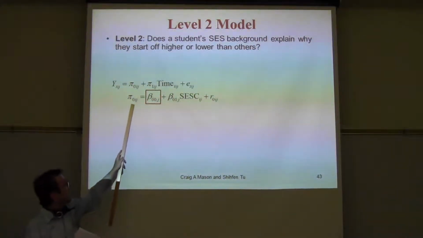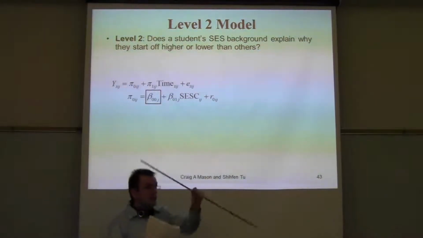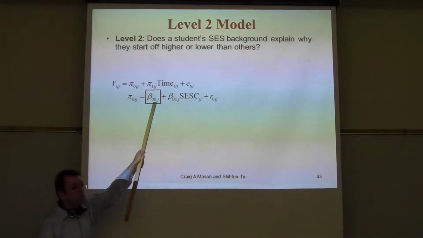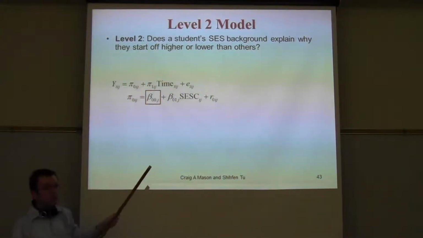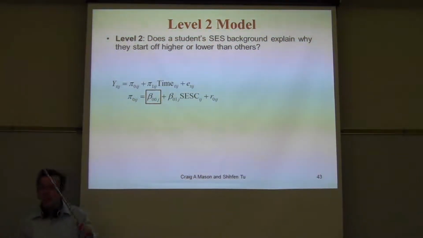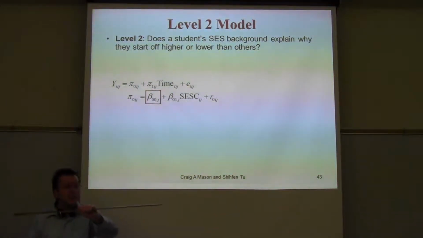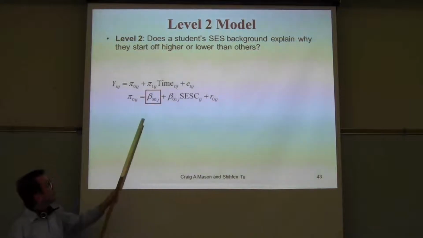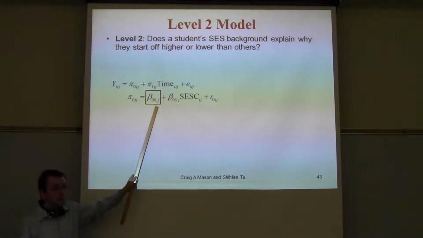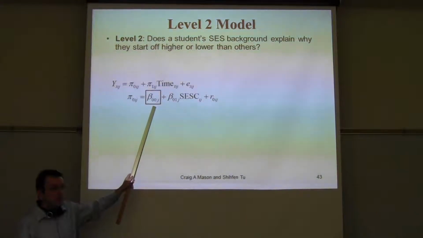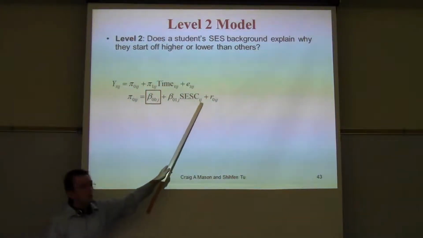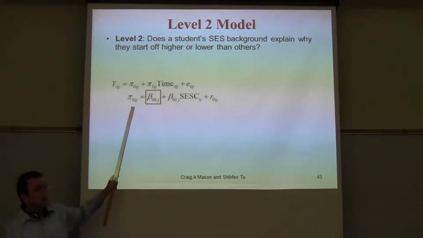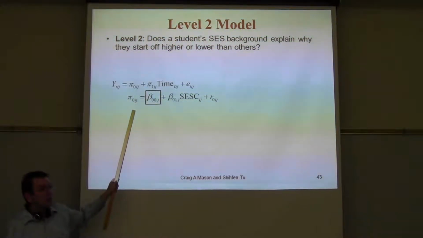That's our outcome, and now we're predicting each student's intercept based on beta 00j. Beta 00j is the intercept for school j. So among all the students in that school, each school is now going to get its own regression model predicting those intercepts for all of the students in that school.